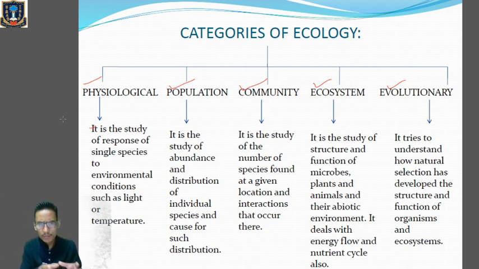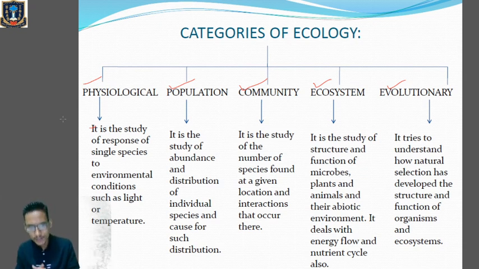So here in population ecology we are going to learn about their abundance and distribution. Not only that, we'll also study the reasons or the causes for the distribution of such species. Why are they abundant in a particular habitat, and what is the reason or the factors behind their diversity? We are going to learn it under population ecology.